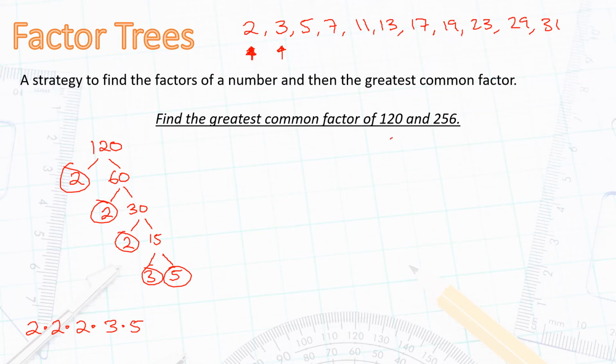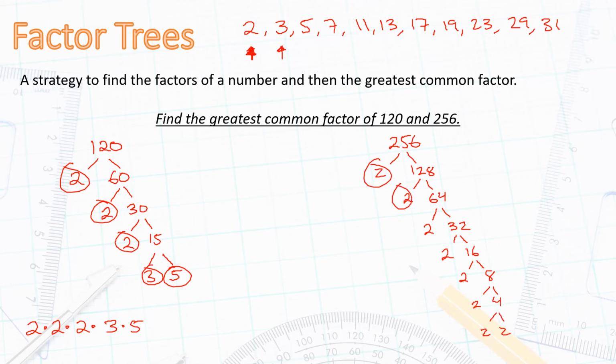And then I do the same thing for 256. So 256 is even, so I can divide it by 2. So 256 divided by 2 is 128. 128 is divisible by 2. So that would be 64, which is also divisible by 2. So that would be 32, which is also divisible by 2, and so on.